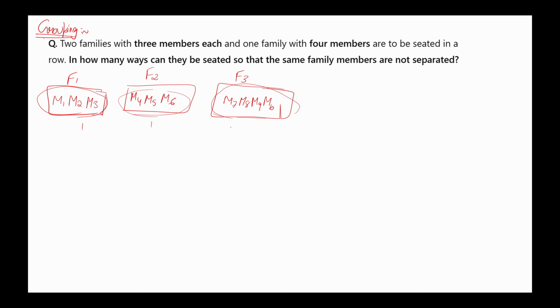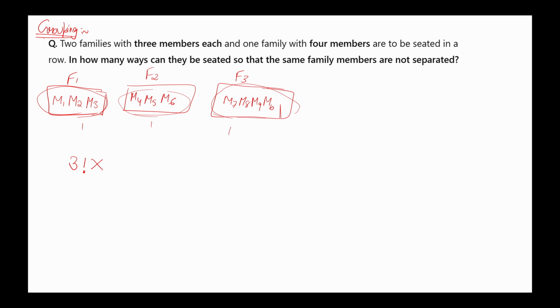Now let's say there are 3 different sections of seats. How am I going to arrange these 3 families? It is simply going to be 3 factorial. For first arranging the 3 families in 3 different sections, it would become 3 factorial multiplied by.